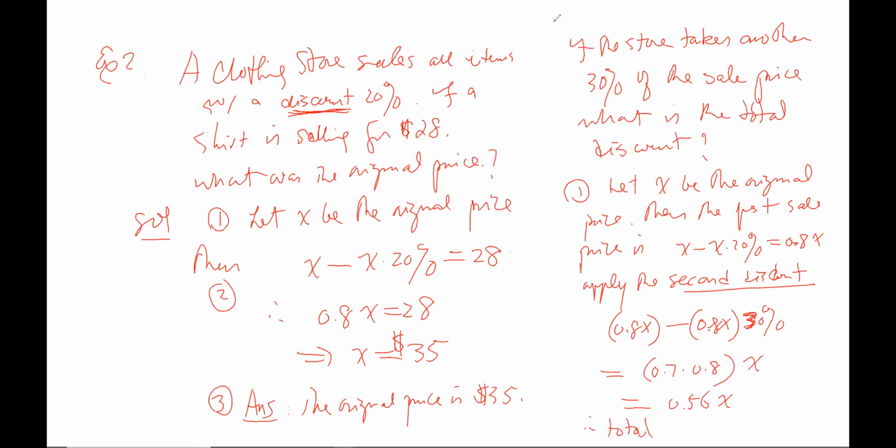That's right, the total discount is 44%, agree? I know it's easy for some of you very quickly, but you should know that this is the answer you're supposed to follow, okay?